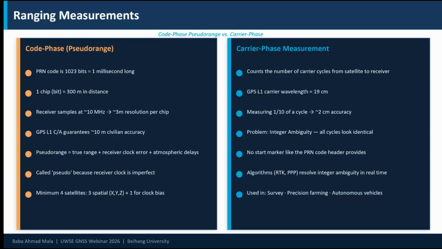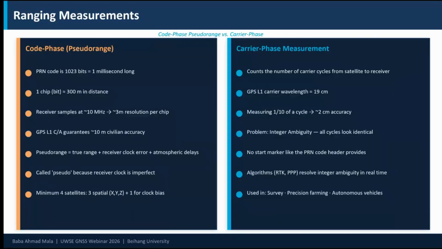The pseudo-range is the true range plus receiver clock error plus atmospheric delays. Why is it called pseudo? Because the receiver clock is imperfect. That's why it is called pseudo.